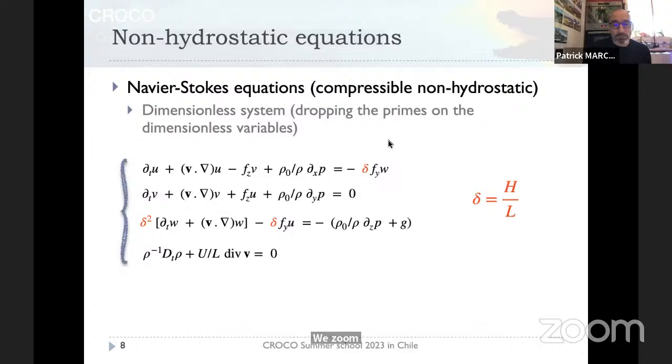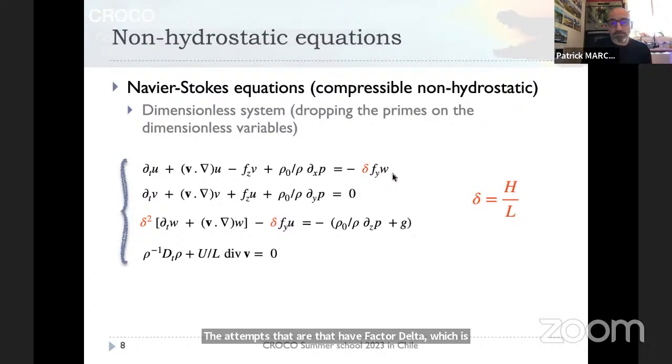I get rid of the primes in order to make the equations easier to read, but these are dimensionless equations.